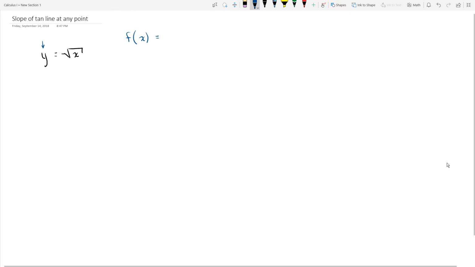We're just saying that f of x is the square root of x. So if we were to draw this out, we could say that if this is the point given, the output is going to be f of x, the square root of x. So this is really all we're doing here.